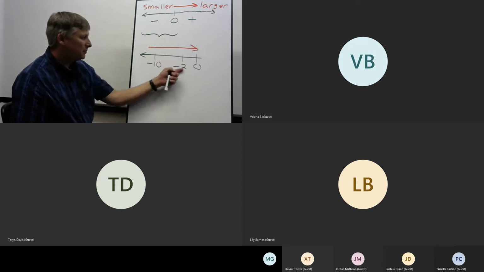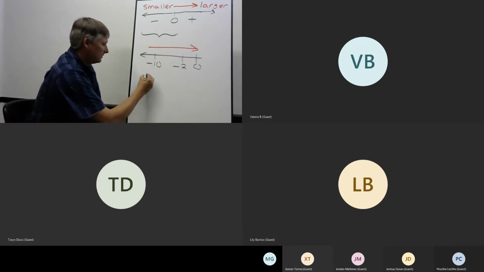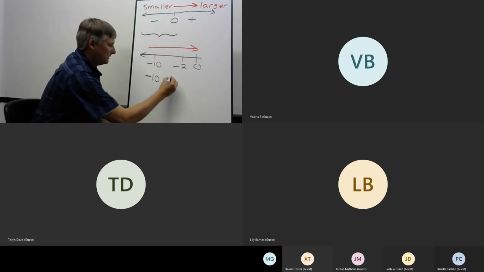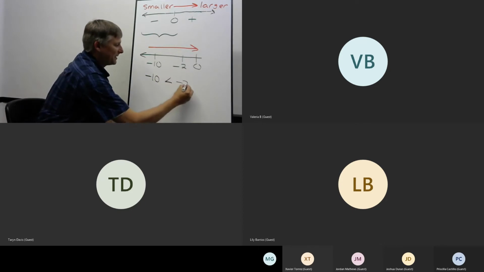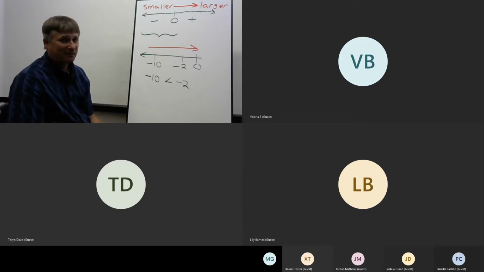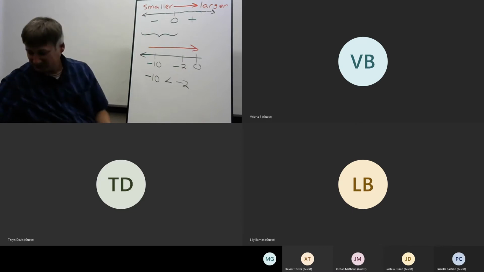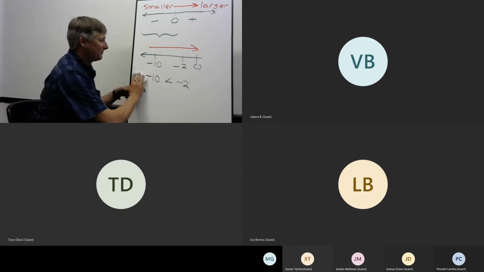And since negative 2 is to the right of negative 10, negative 10 is less than negative 2. So any questions about that? So just a little bit about the inequalities.